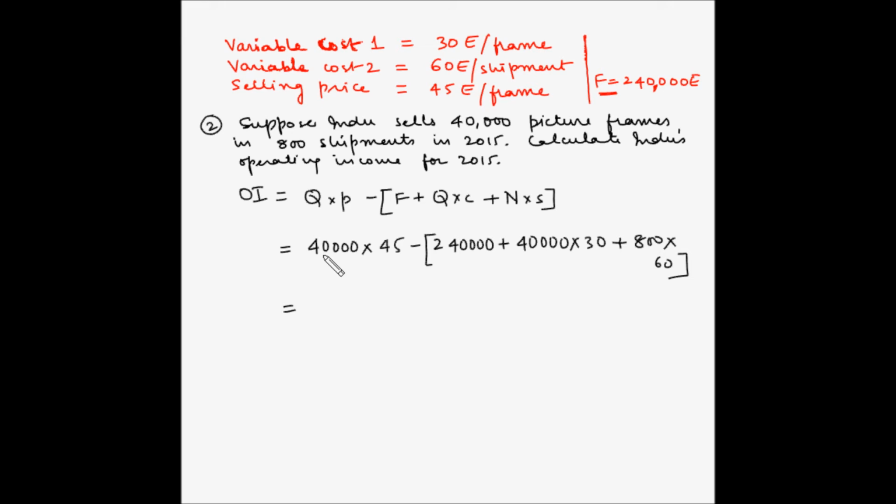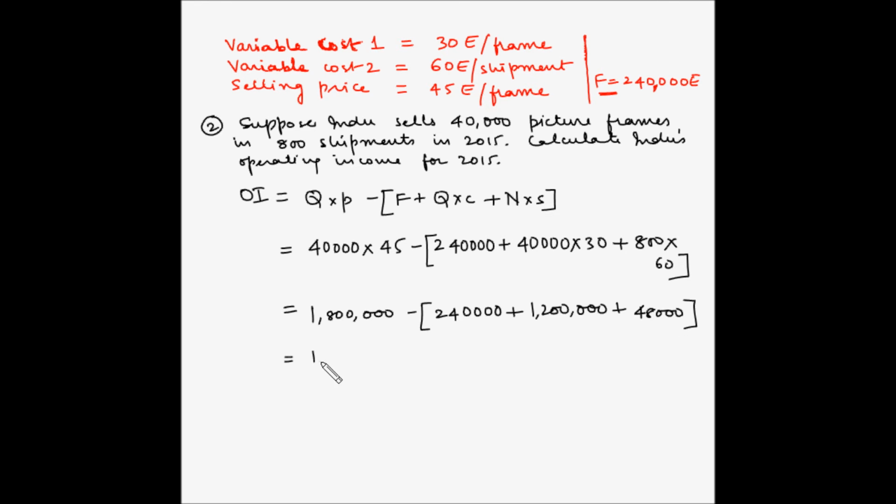So this is equal to 40,000 multiplied by 45 is 1.8 million minus 240,000 plus 40,000 multiplied by 30 is 1.2 million plus 800 multiplied by 60 which is 48,000.